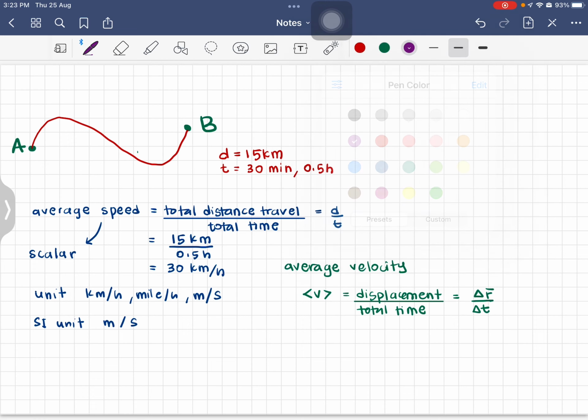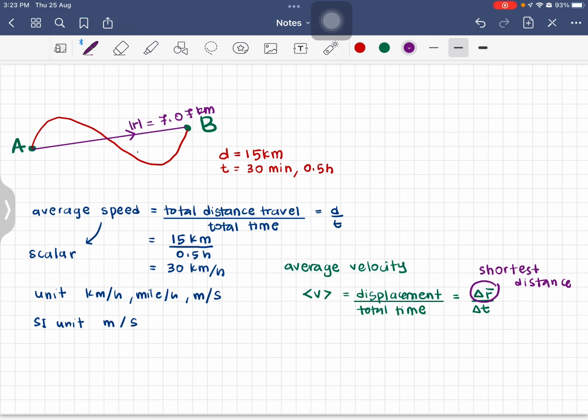So what happen next is this delta R ataupun displacement boleh diambil sebagai shortest distance. So, shortest distance between A and B can be said as straight line from A and B. Let's say this straight line, its magnitude is equal to 7.07 kilometer.